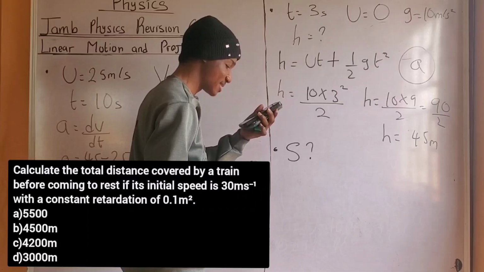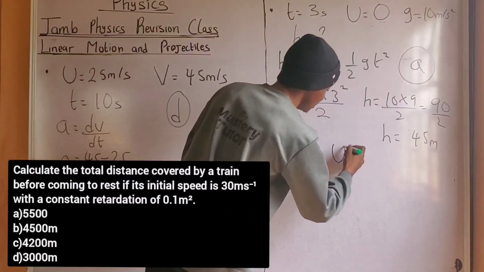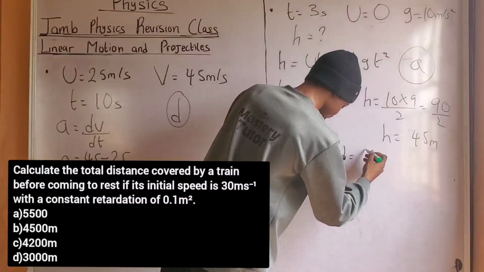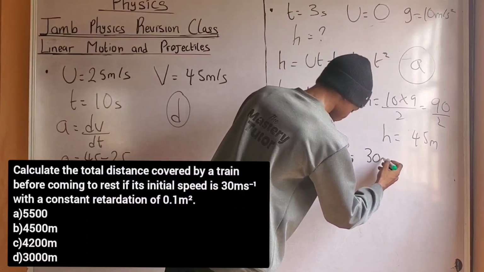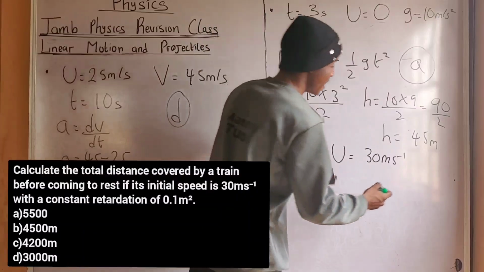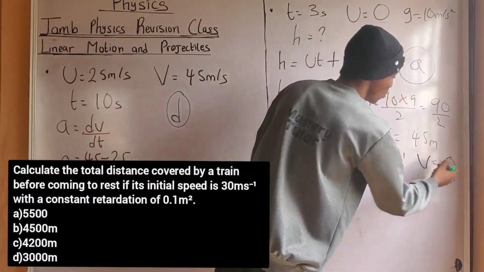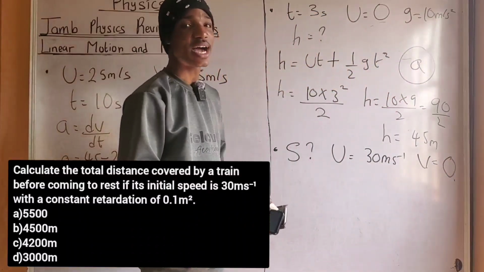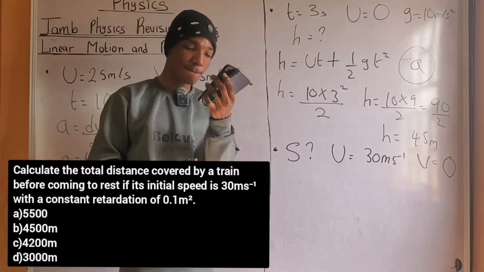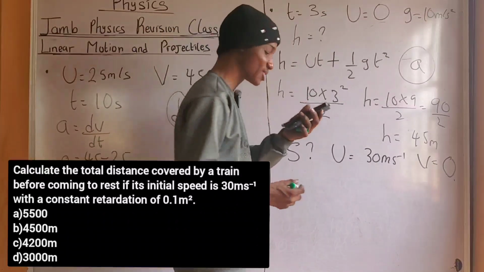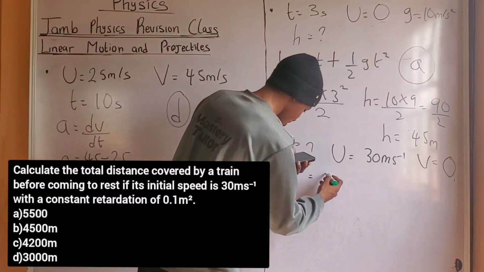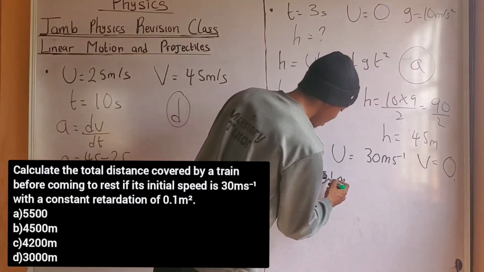The initial velocity is u, which is 30 meters per second. The final velocity v will be equal to 0, because at the end, the train stopped moving. And the negative acceleration, which is retardation, is equal to 0.1 meter per second squared.